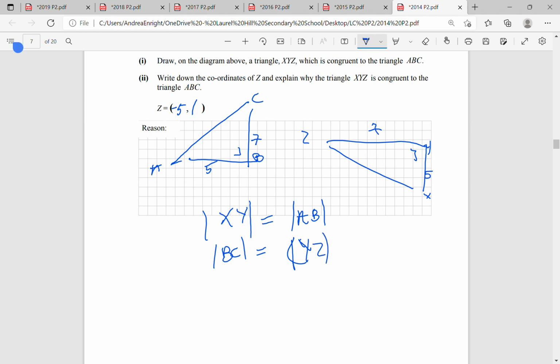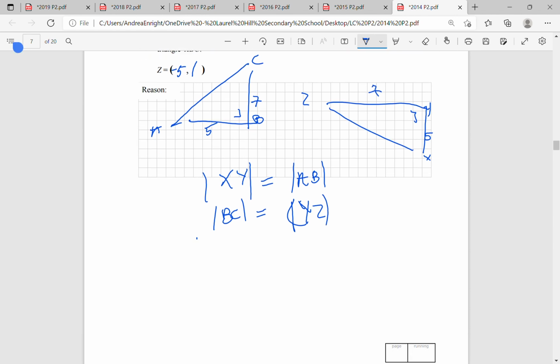And I know that angle ABC is equal to angle XYZ, they're both 90. So that's two sides and an angle, so SAS.